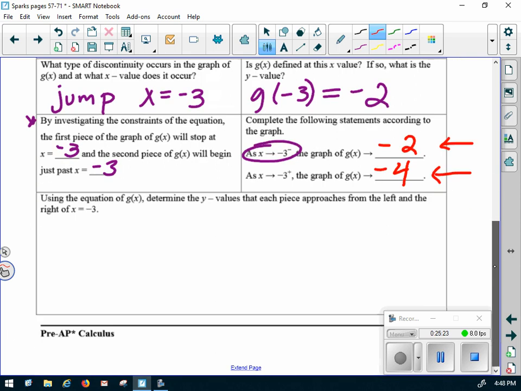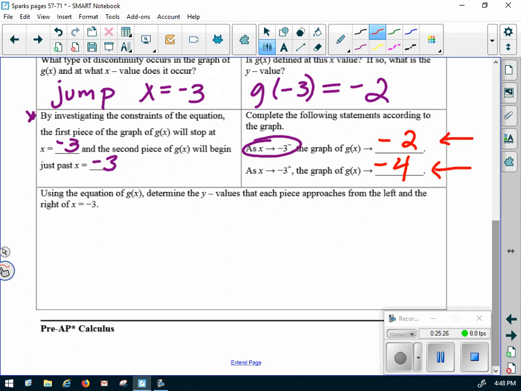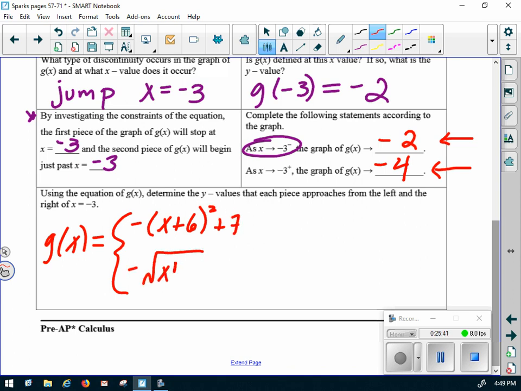Using the equation, let's go back and look at the equation. I'm tired, I don't want to keep flicking back and forth. Here was the equation. That was the first one. This was the second one.